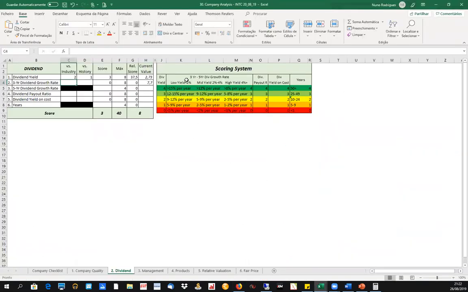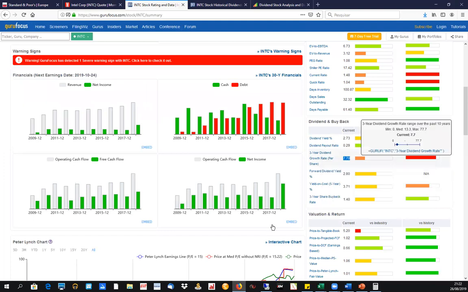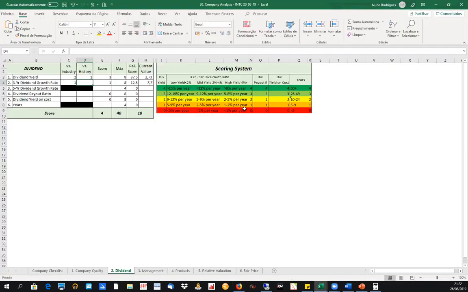So we have a 1. And versus its history, we have a red. So for a red, you can see here 0.